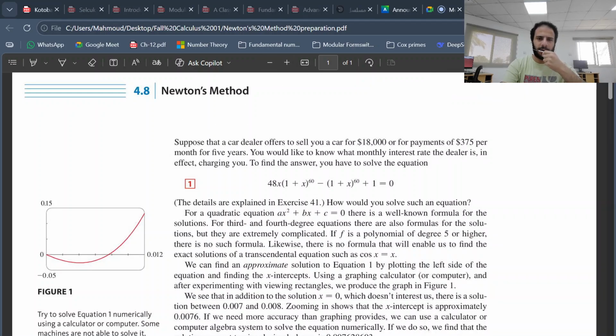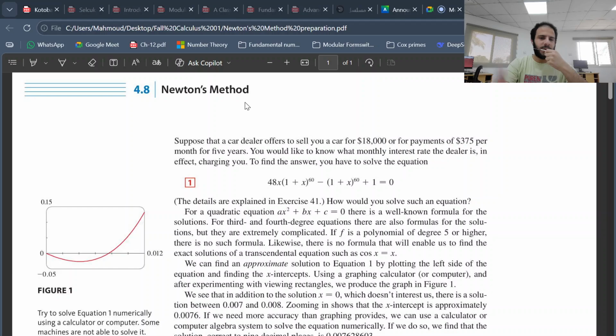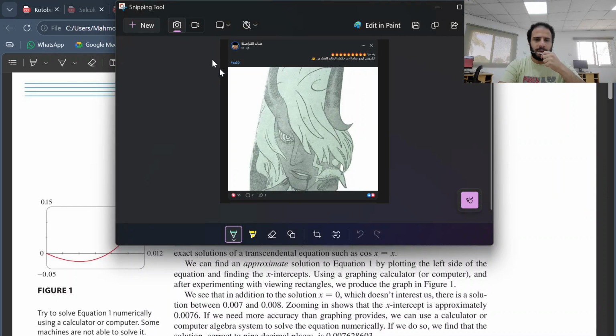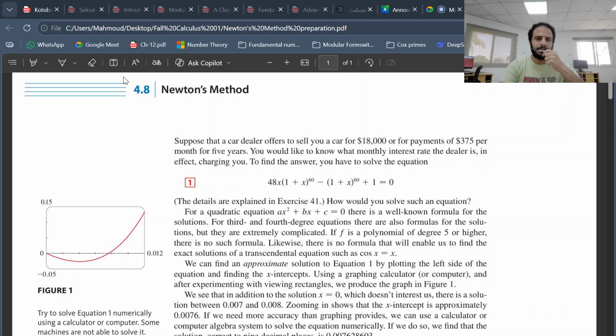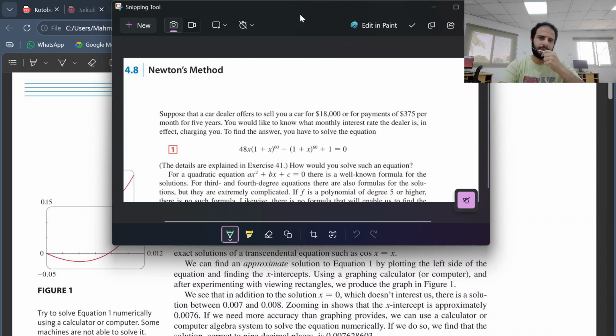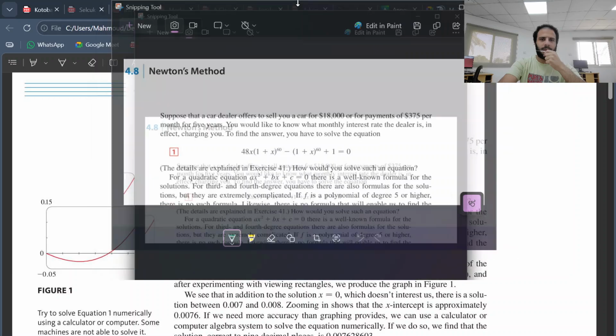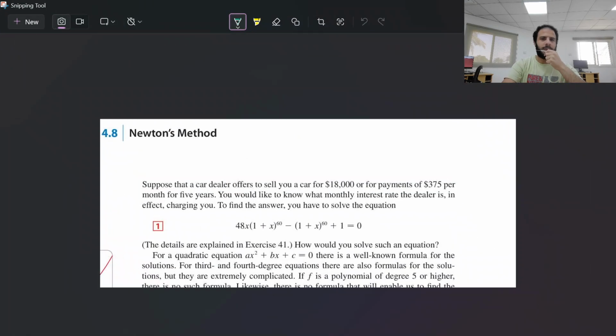But before starting, oh no, it's written here. Newton's method is a method to approximate solutions for equations, okay? Because you don't always have formulas, right? For example, you have a formula for the equation ax squared plus bx plus c equals 0.